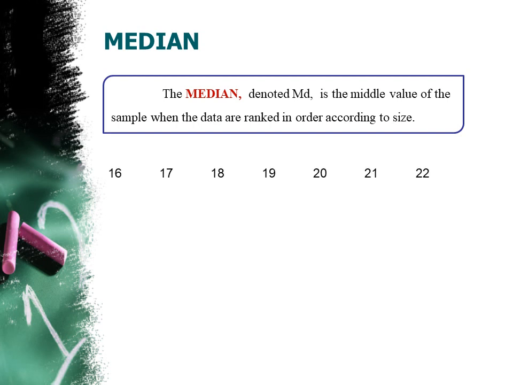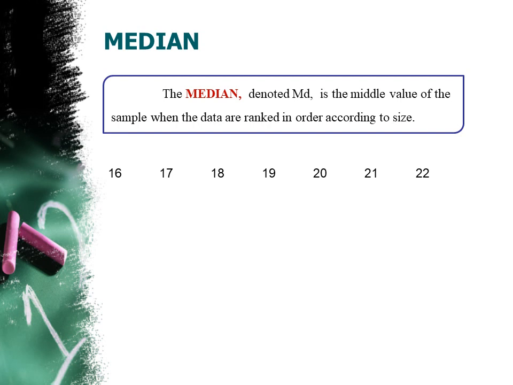But first, you need to rank the data or set the data in ascending or descending order. So say for example, you have 16, 17, 18, 19, 20, 21, and 22 as your data set. There's no need for us to do something about this. It's already arranged from the smallest to the largest, so it's in ascending order. Then we will just look at the middlemost value.